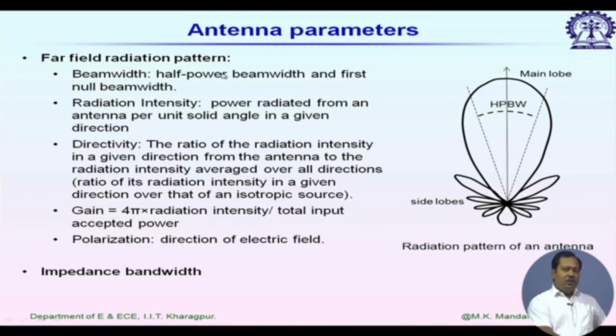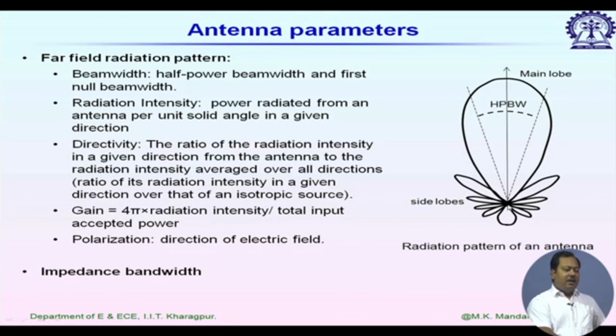We measure the electric field or power, which is the square of the electric field, and its variation with respect to angle, and if we plot it in r theta phi coordinates, the corresponding plot we call the radiation pattern. Here you can see a picture showing the radiation pattern of an antenna.